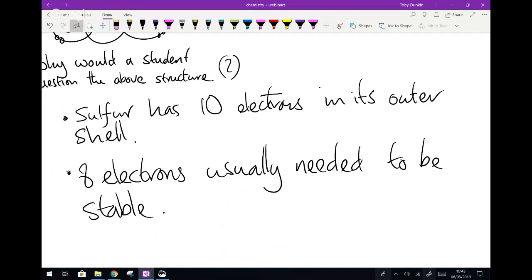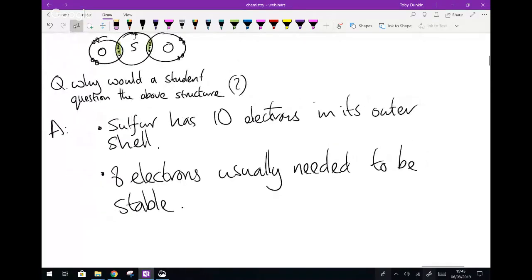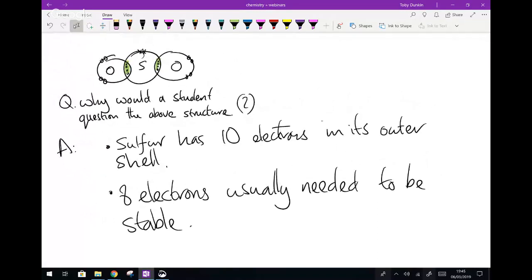So what a lovely question. And you can see what they're doing. What a lovely way of asking you, how many electrons do I need before I'm stable? What is considered to be a full outer shell of electrons? Why are noble gases full? 8, 8, 8, 8, 8. And then you get to this one and they say, why is this not normal?